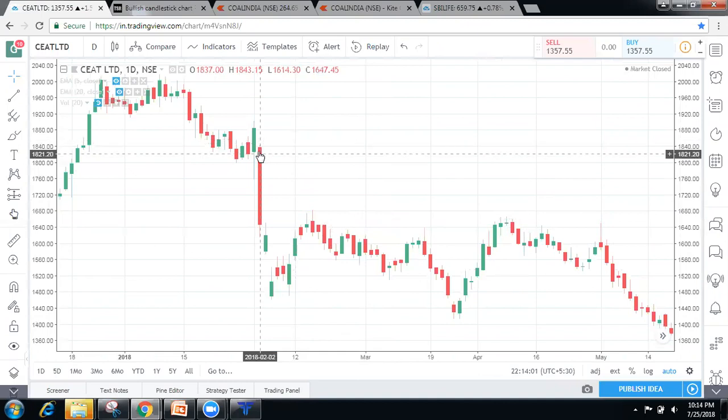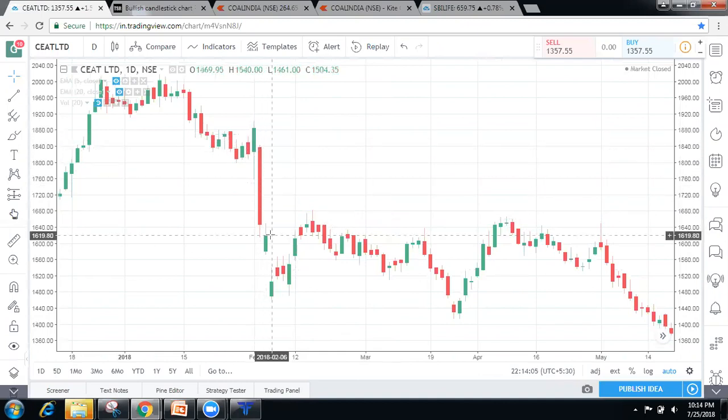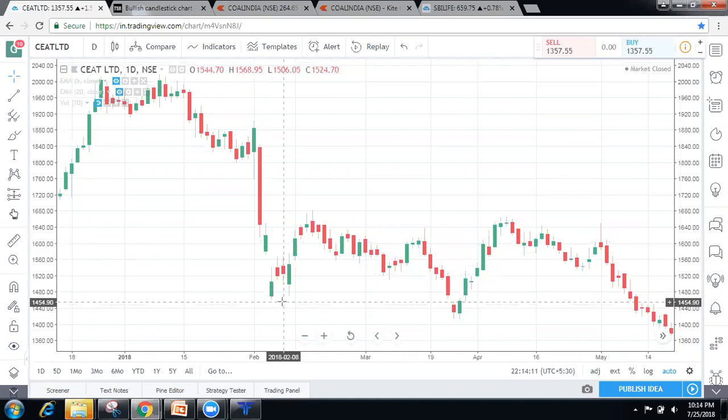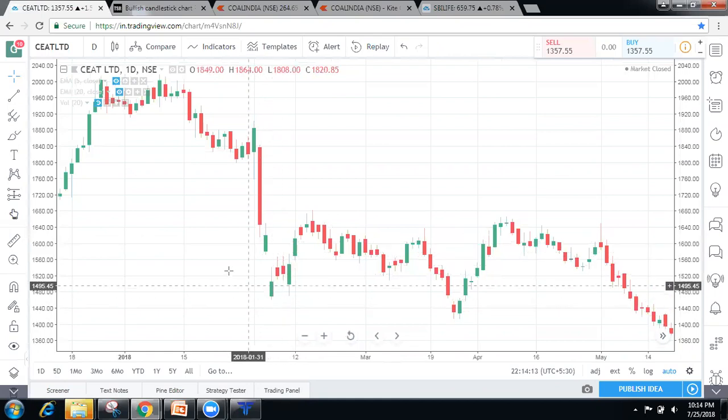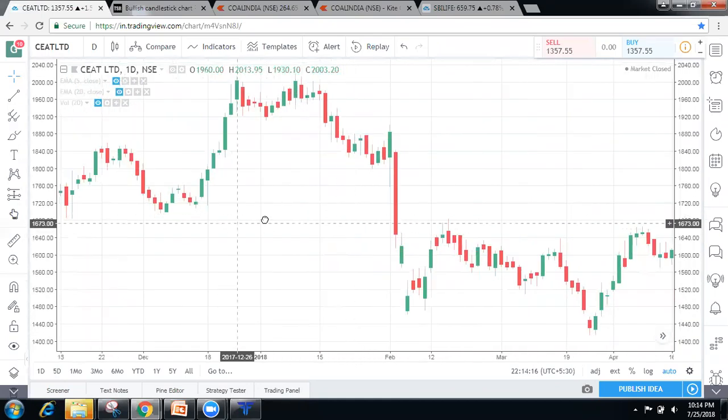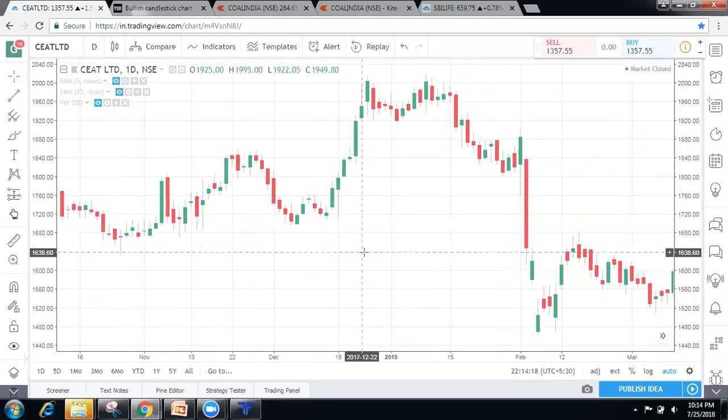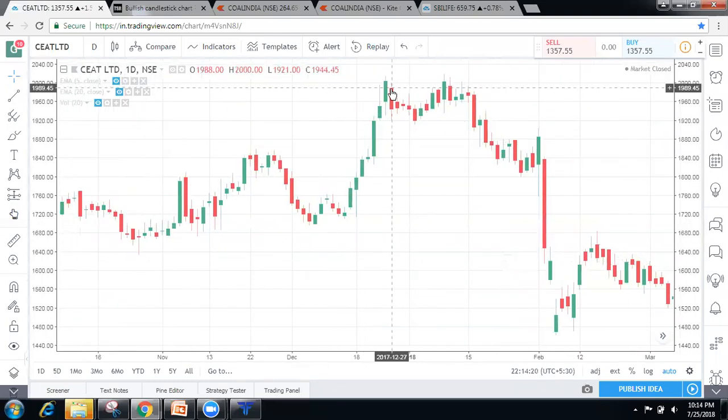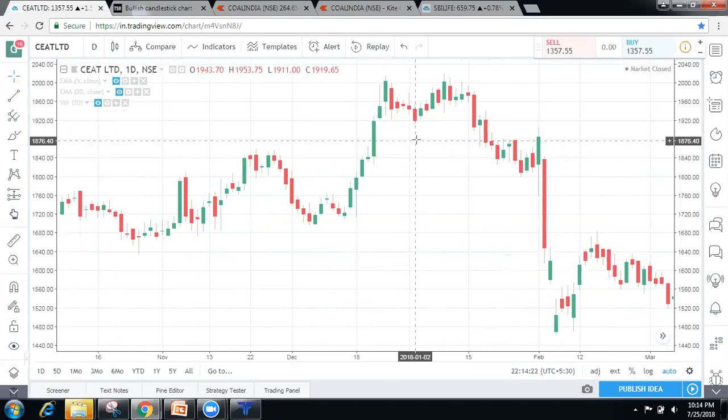This is called an outside candle down. So I took a trade here to short CEAT Tyres, and it made a low here at 1460. This is also an outside candle down.